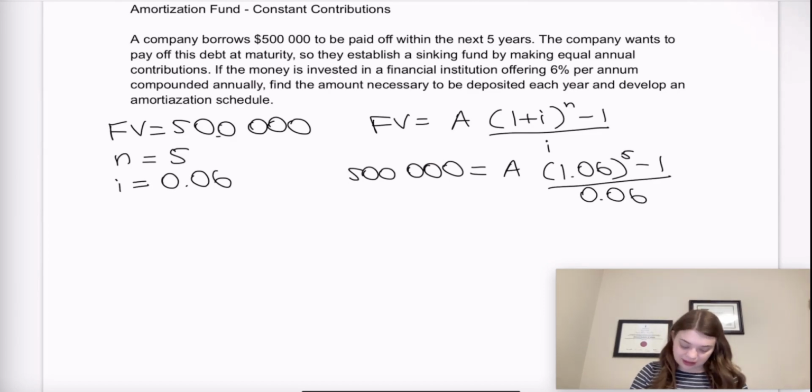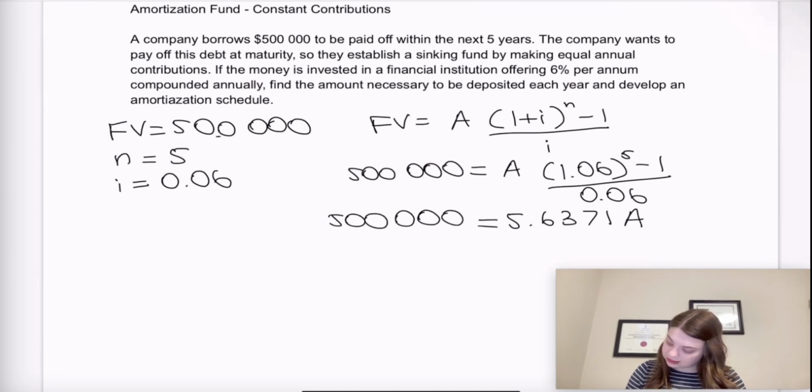So let's plug that in the calculator. 1.06 to the power of 5 equals, minus 1 equals, divide by 0.06 equals, and that's our coefficient for A, which is about 5.6371 approximately, times A is equal to 500,000. So to find A, we just need to divide those two. 500,000 divided by 5.6371 equals.